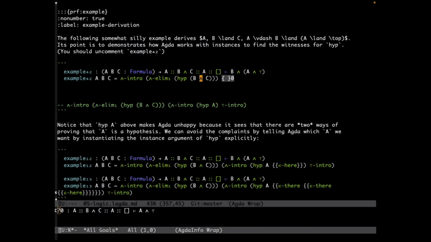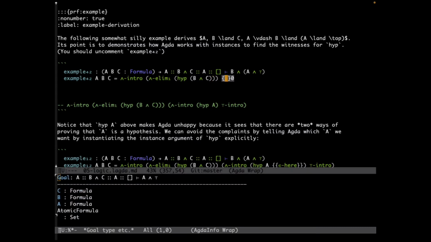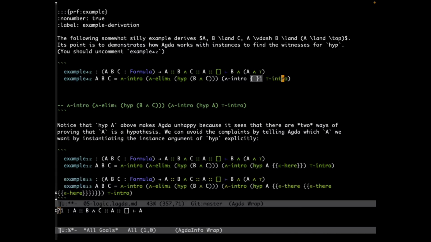What happened was that I told it that B and C appears in the list, and then it generated the evidence that it appears in the list. Now I'll try a very similar trick here. I need to prove A and top, so that's an AND introduction. Then you need to prove top. Well, that's top introduction, no problem there.